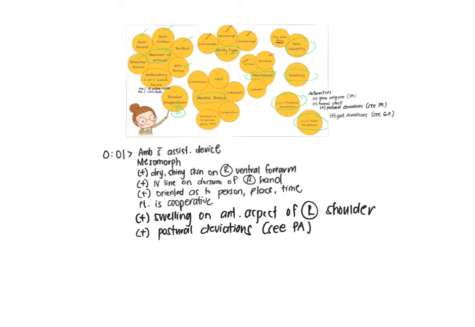So make sure that you have a comprehensive postural analysis for this. And then if you noted gait deviations, then you may write positive gait deviations, and then C, gait analysis. Make sure also that you have a comprehensive gait analysis. Okay, so that is how the ocular inspection will look like when documented.